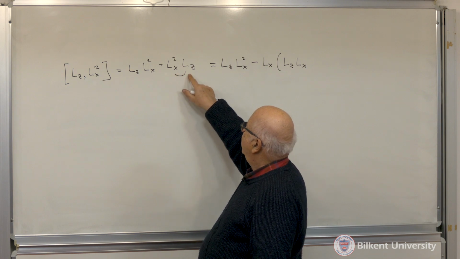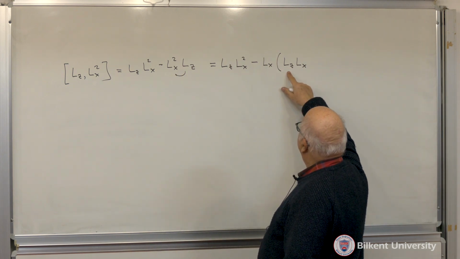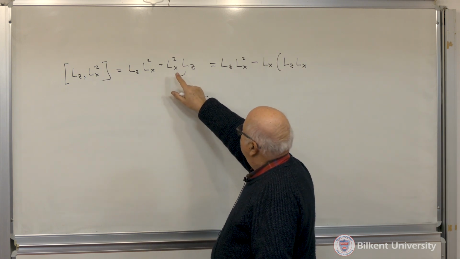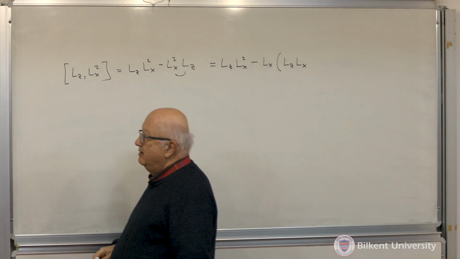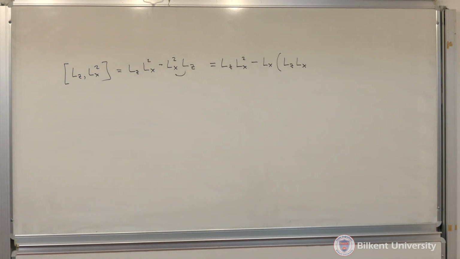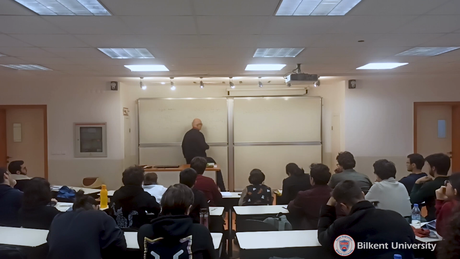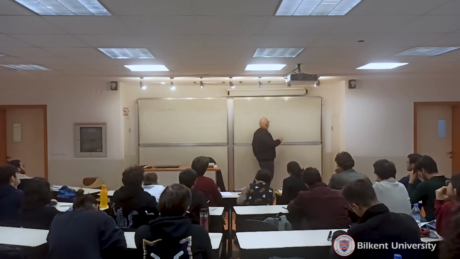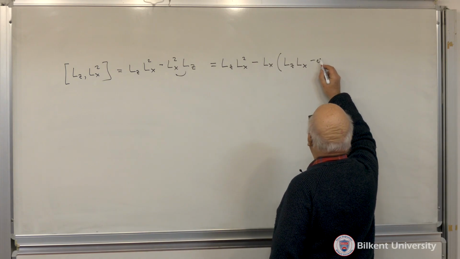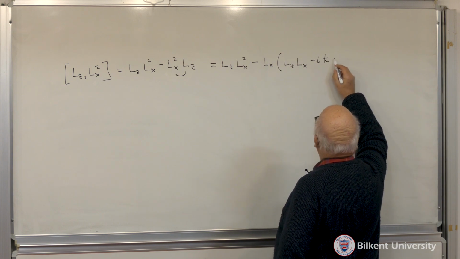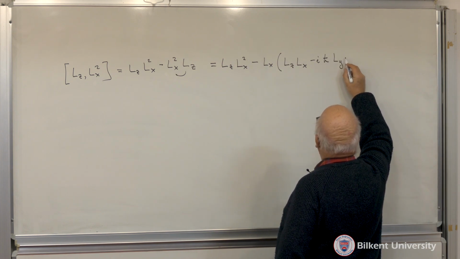So what is the commutator of Lx with Lz? Lx Lz is over here, but it's in the wrong order, so I need a minus sign. So I need a minus i h bar Ly, right?